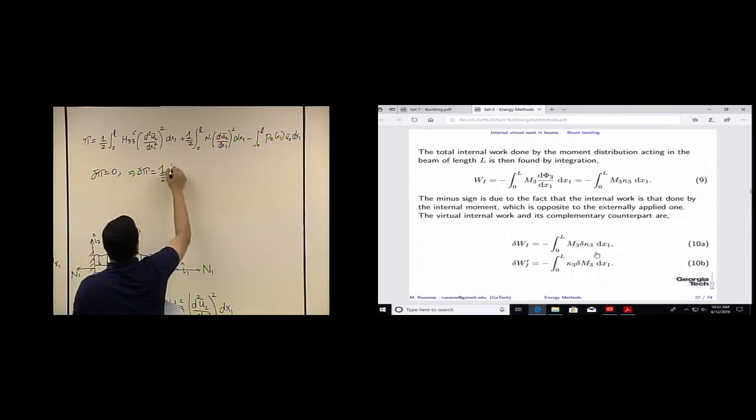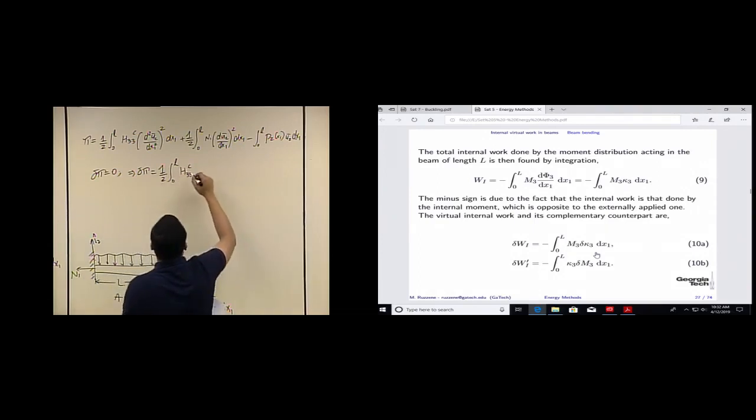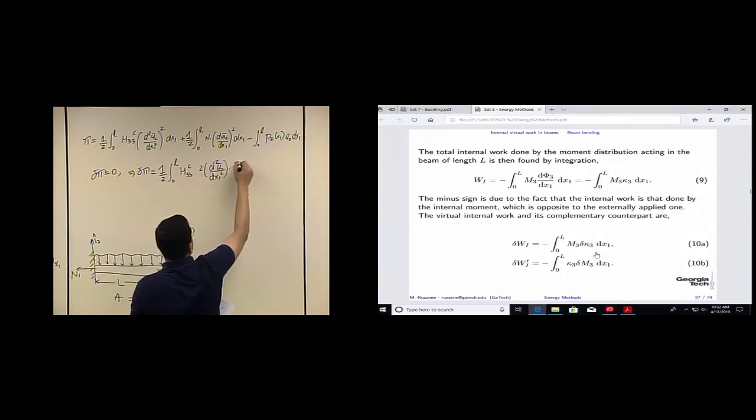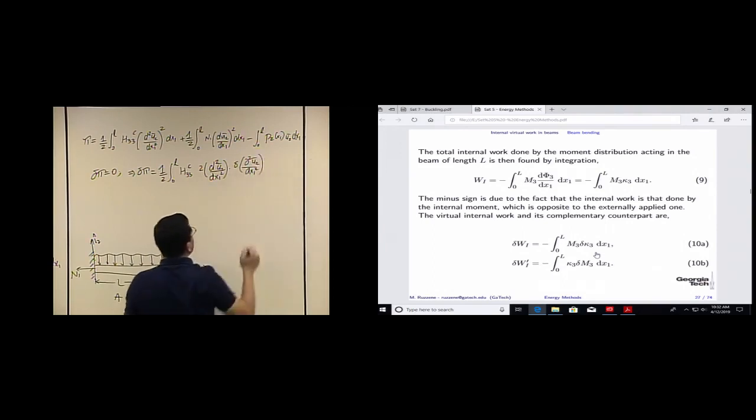one half of integration 0 to L h33c, 2 times the second order derivative of u2 with respect to x1, then times the variation of the second order derivative of u2 with respect to x1.